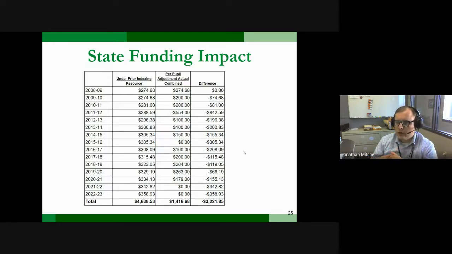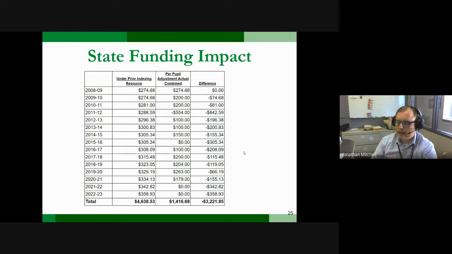Actual student adjustments, what has been put in as spendable student revenue, is listed in that middle column, and that has varied over the years, typically between $0 and $270. But there was one year in 2011-12 where there was a large state budget adjustment, and so there was a $554 decline in per student allocation.